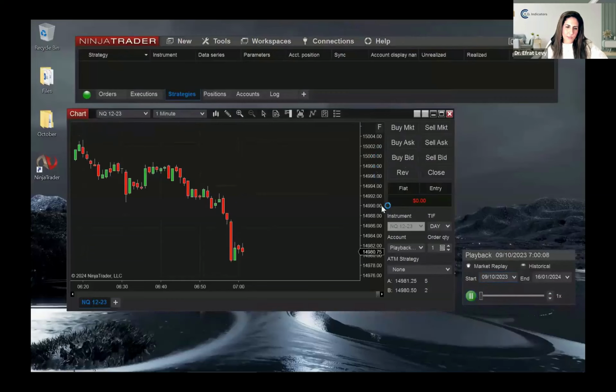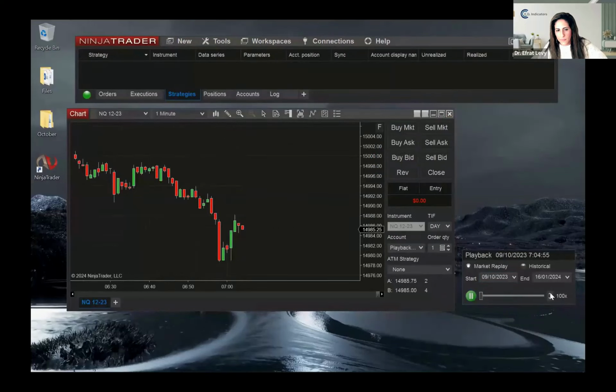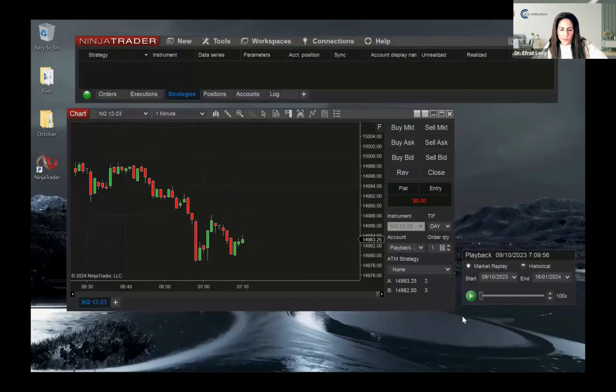Now you can see the price movement. You can speed it up and slow it down. The time zone that you see here is European GMT plus 2 or 3.